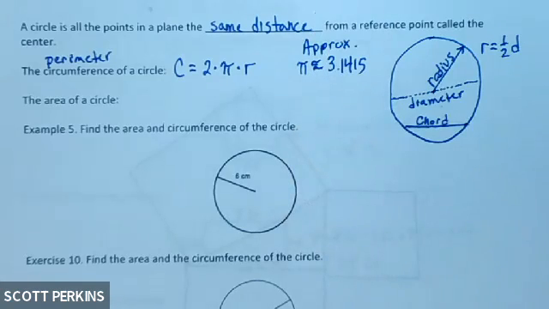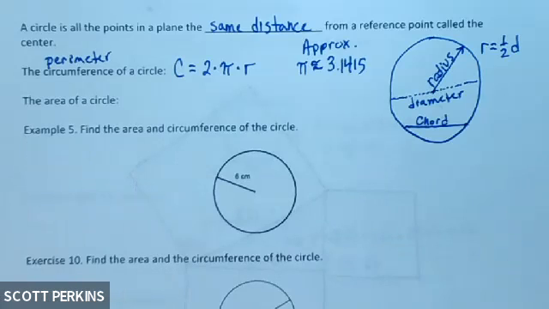Go a couple digits out so that you don't end up with round off error. Now on the test, I will tell you to either use your pi key or 3.1415. I will grade for both. Be careful in MyMathLab. Follow their instructions, because you don't want to have done the problem right and then end up with round off error and think that you're wrong. MyMathLab is sometimes fussy like that.